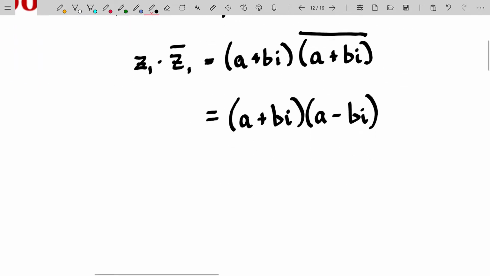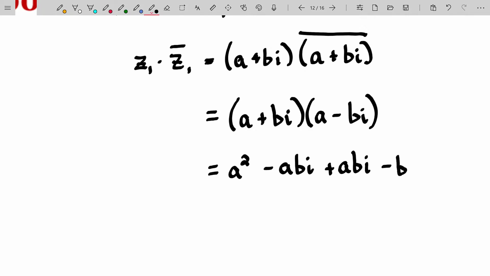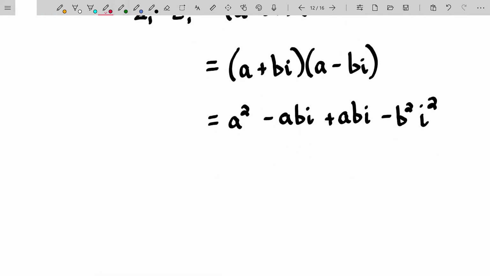And now we can do the distribution, which is a polynomial distribution. It's a times a, which is a squared, minus abi plus abi, and then finally minus b squared i squared. And when you clean that up, because the abi terms will cancel, you get this beautiful a squared plus b squared.